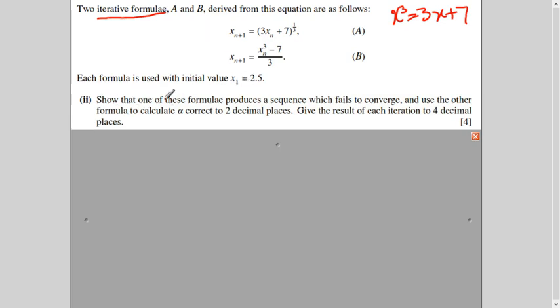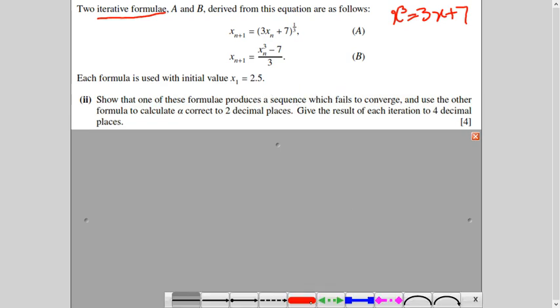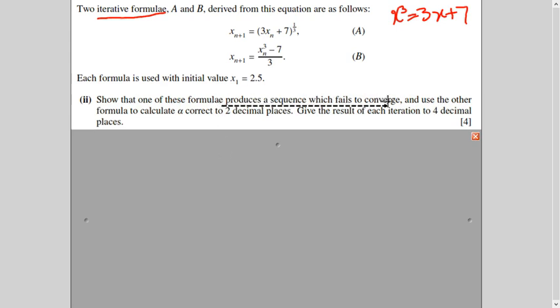The question is saying, show that one of the formulas produces a sequence which fails to converge. So it means one of the formulas will not converge to the solution and the other will converge, right? So now we will see which formula converges and which does not.